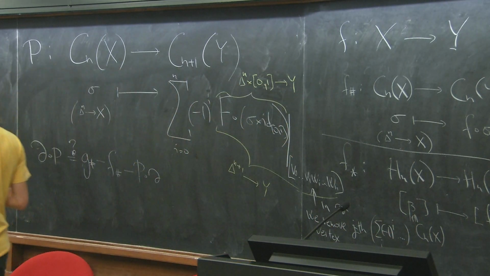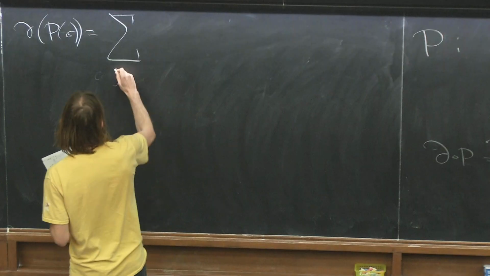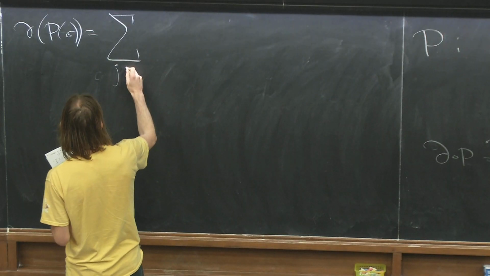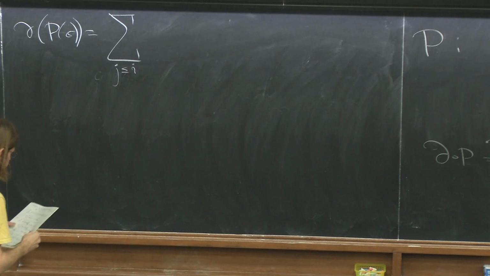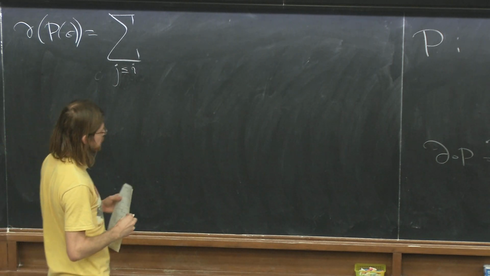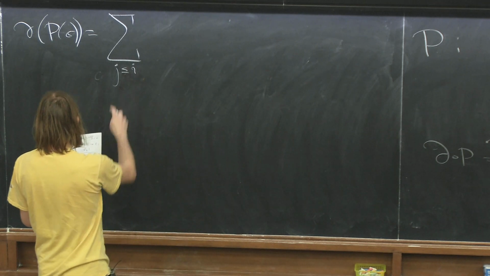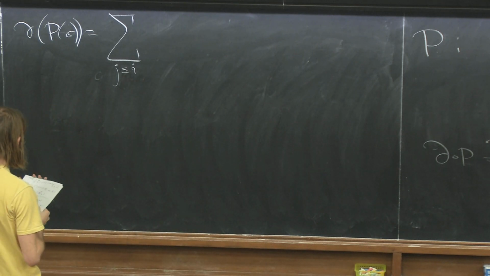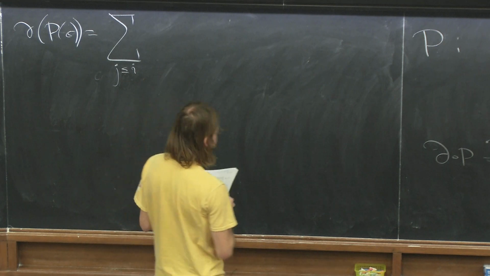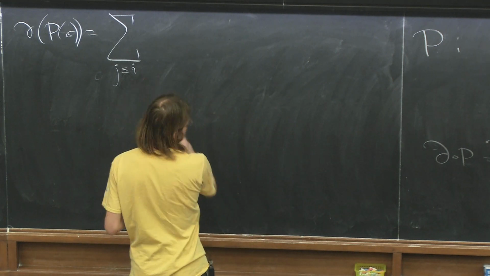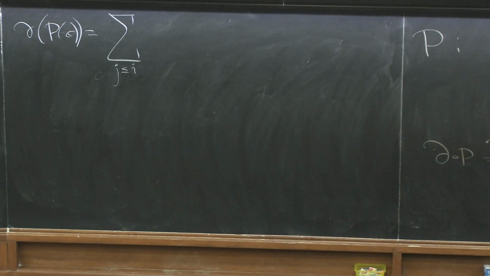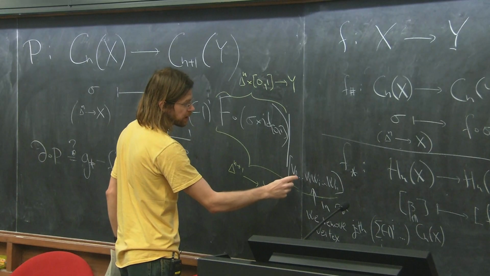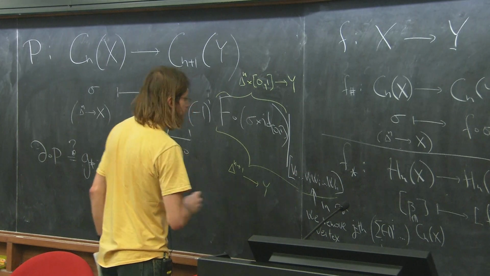So more explicitly, we'll have this sum over j, and let's first list all terms where j goes before i, up to i including. This will mean that we remove one of these vertices v.